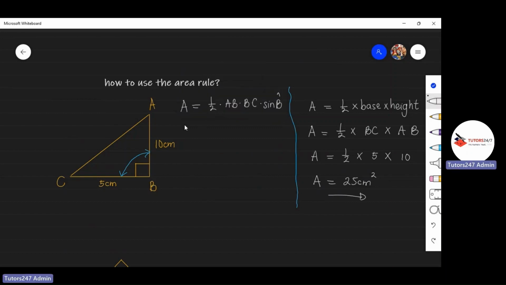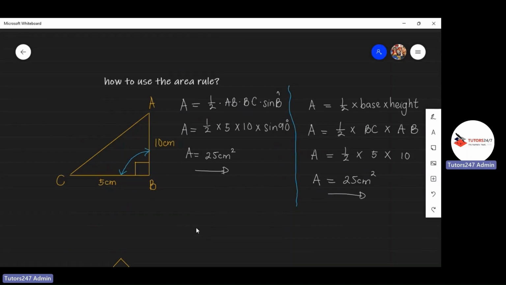So let us now substitute. We've got a half times 5 centimeters times 10 centimeters times sine of 90 degrees. Now we can put this into our calculator. So we'll put a half times 5 times 10 times sine of 90, and we will end up with the exact same answer as we did before.